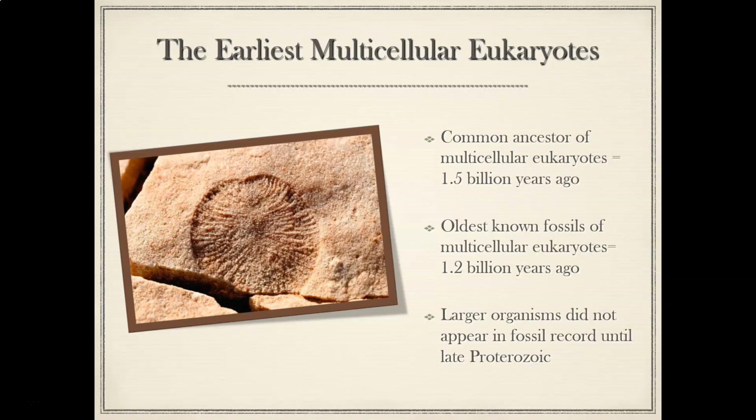The oldest actual known fossils of multicellular eukaryotes show up about 1.2 billion years ago. And our larger organisms that we're typically thinking of when we think of multicellular eukaryotes don't appear in the fossil record until the late Proterozoic.